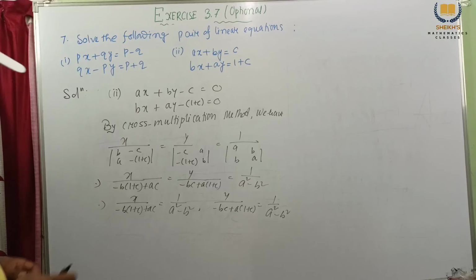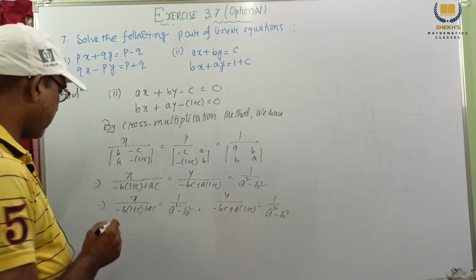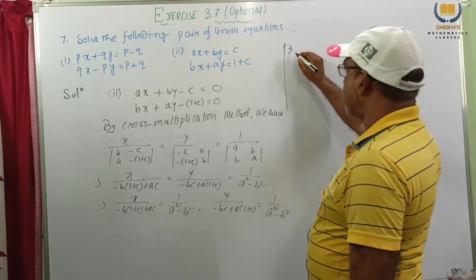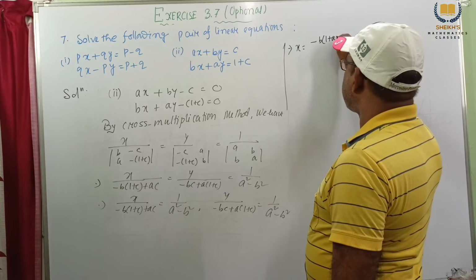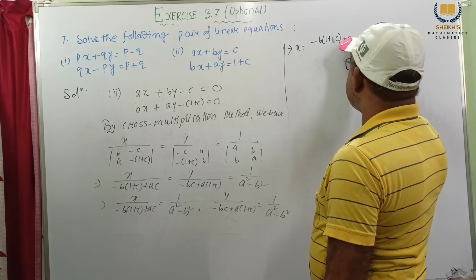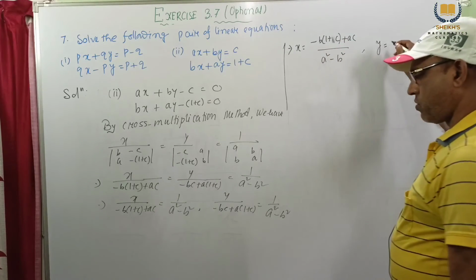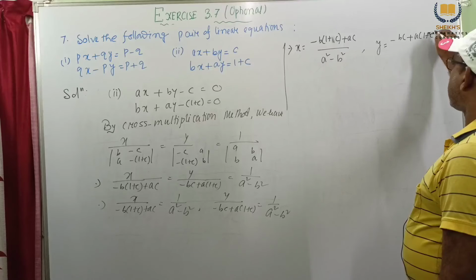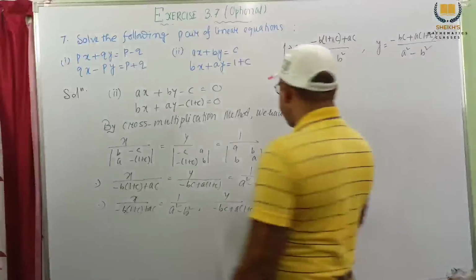Now this equal to this, so we can write, this implies x equal to minus b into 1 plus c plus ac by a square minus b square, and y equal to minus bc plus a into 1 plus c, this is a square minus b square. So we get this one.